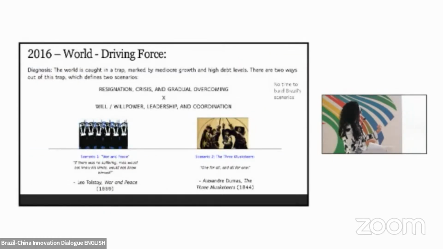This was the last scenario, and after this we have the songs, and we have the books and the idea. This was in 2016. The idea is that the world is stuck in mediocre growth and a high level of indebtedness. So how can we leave this?